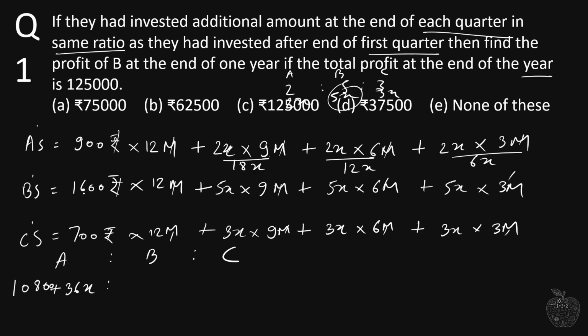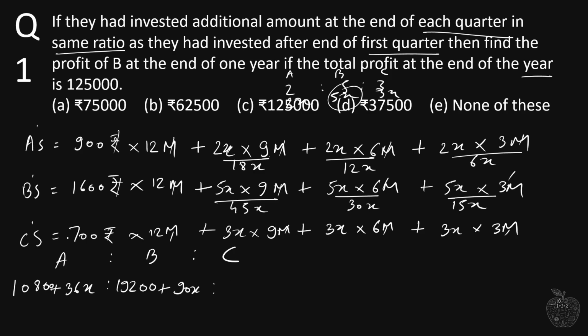Now B's investment here is 1600 into 12, which will give me 19,200, plus 9 5s are 45x, 5 6s are 30x, and 5 3s are 15x. Now 45 plus 15 will give me 60, and 60 plus 30 is 90x. So B's investment is 19,200 plus 90x.